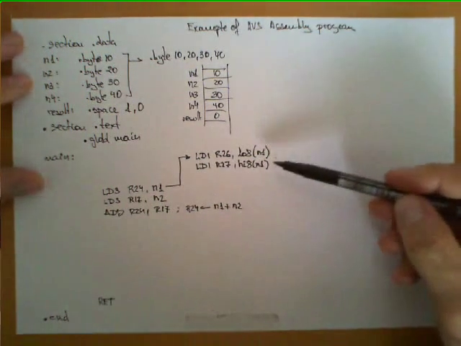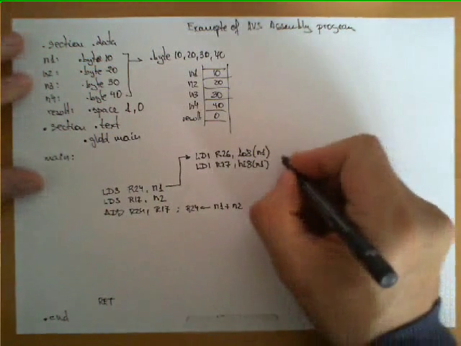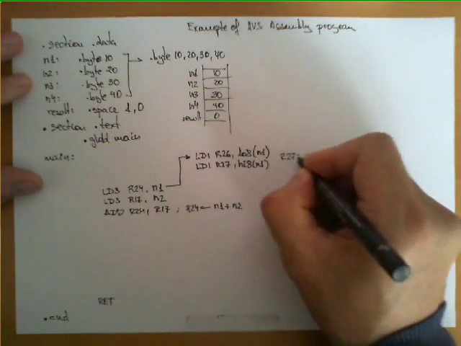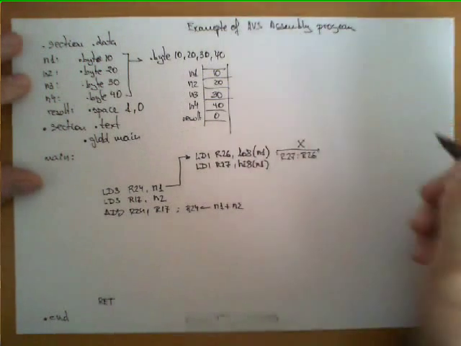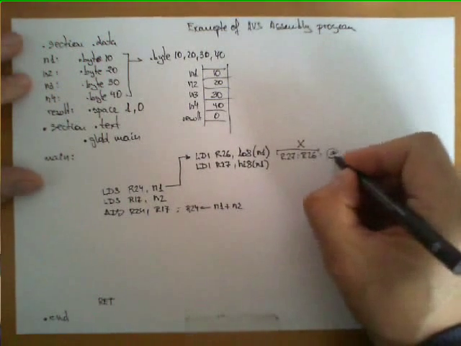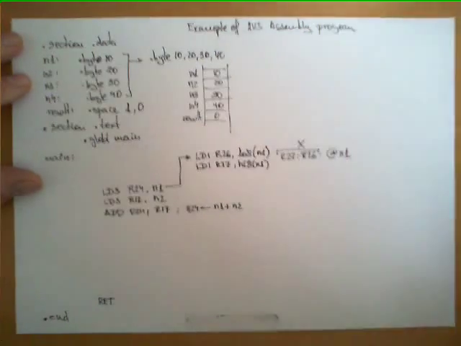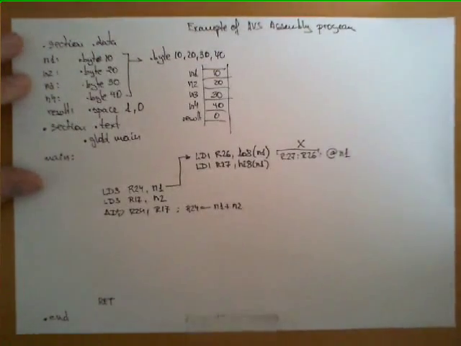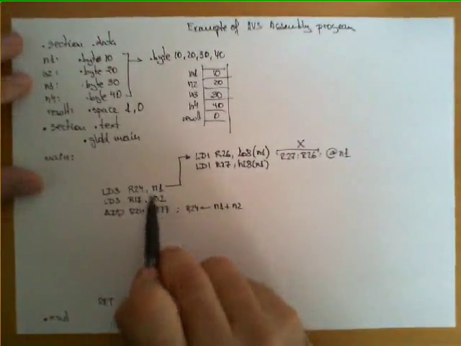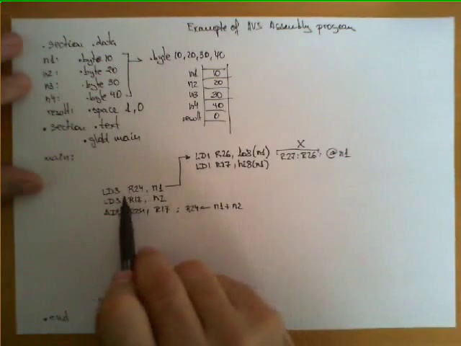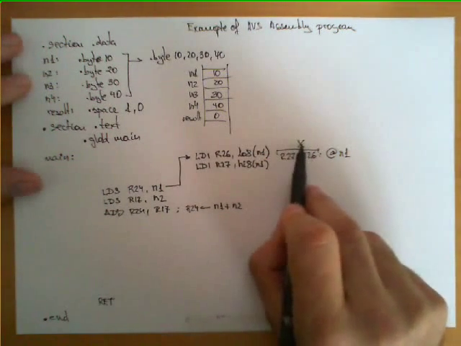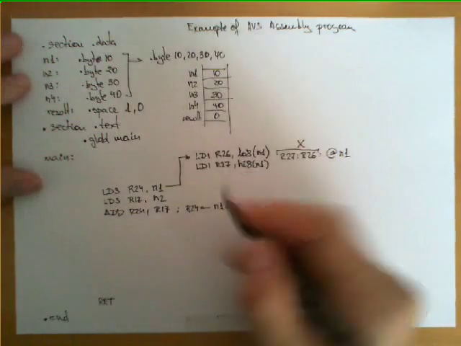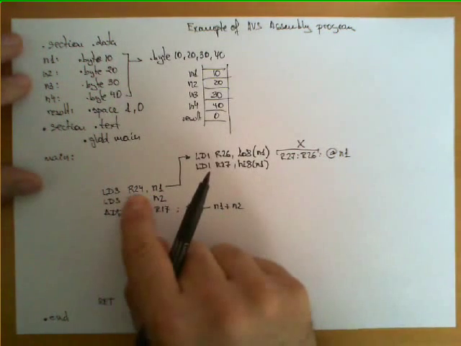These 2 instructions load into the register R27 followed by R26, which by the way is also called X, the address of the label N1. Now what am I going to do with this? Well, I want to achieve exactly the same as this instruction, which means I need to bring from memory, having the address in register X, the number 10 and load it into register R24.